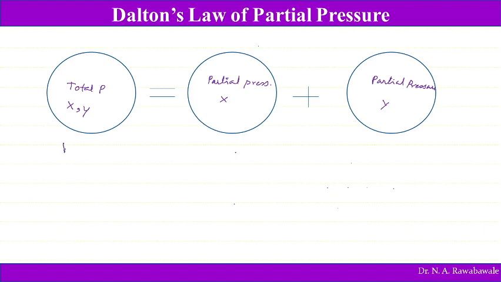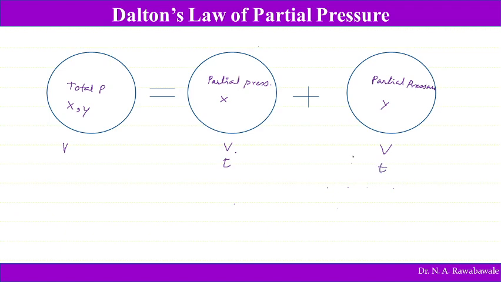Say the volume of the mixture of gases is V. If constituent X is separated, it occupies the volume of the total mixture, and Y also occupies the same volume as that of the mixture, at the same temperature as the mixture.